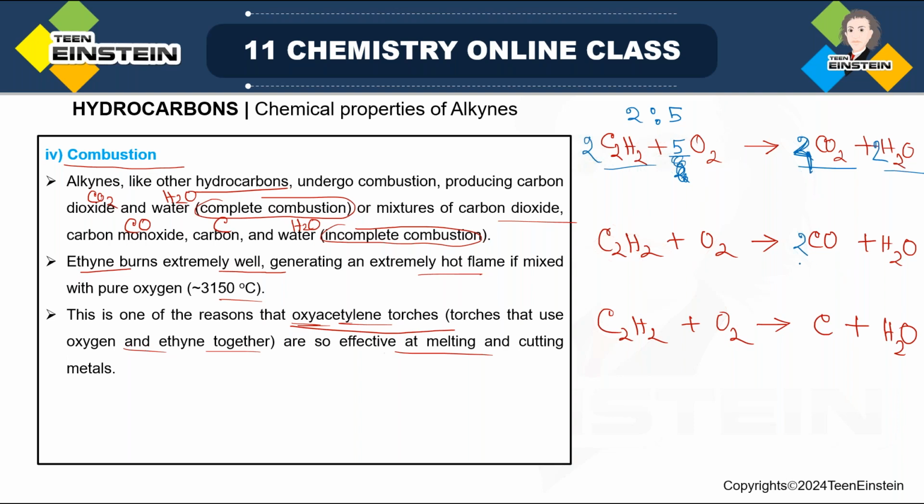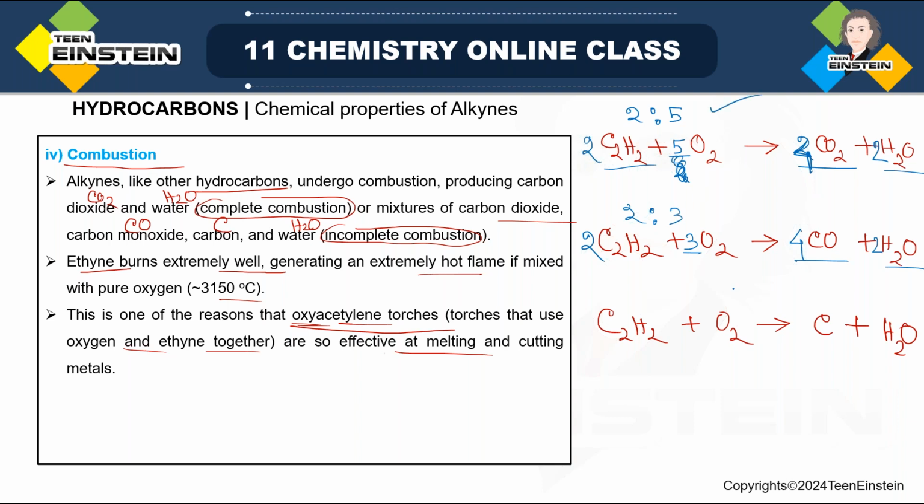But look at the oxygen. 2 oxygen atoms, 1 oxygen atom. So it should be 3/2. But again, if we do not write this fraction, you have to multiply both sides. So now it will be 4 and it will be 2. Look at the ratio, it is 2:3.